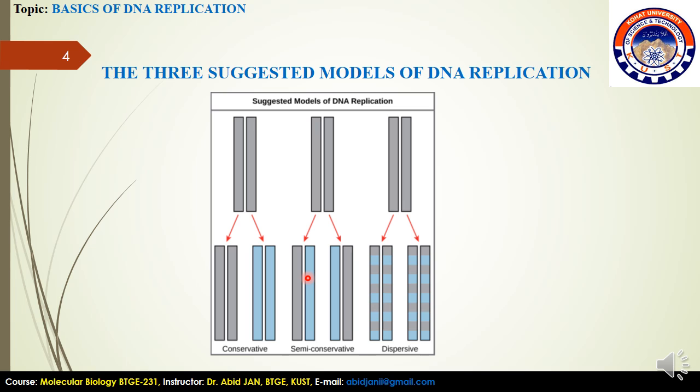After replication, each double-stranded DNA includes one parental strand, or old strand, and one new strand. In the dispersive model, both copies of DNA have double-stranded segments of parental and newly synthesized DNA interspersed.